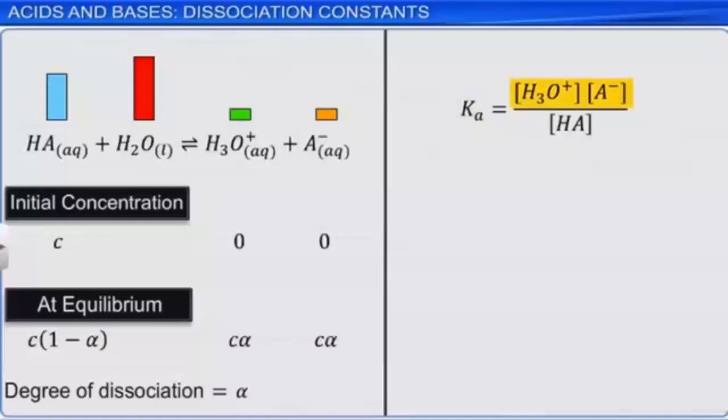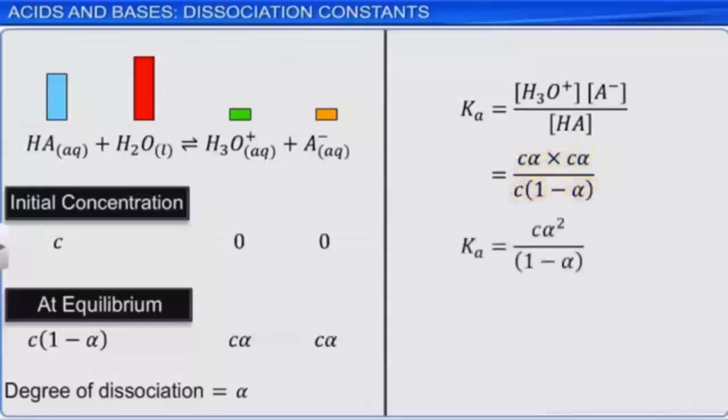Substituting the equilibrium concentrations in this equation, we get C alpha multiplied by C alpha divided by C multiplied by (1 - alpha). Thus, Ka becomes equal to C alpha squared divided by (1 - alpha). This expression helps us in calculating the degree of dissociation of weak acids when the dissociation constant is known.